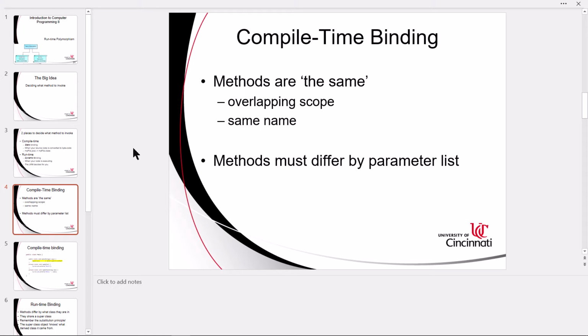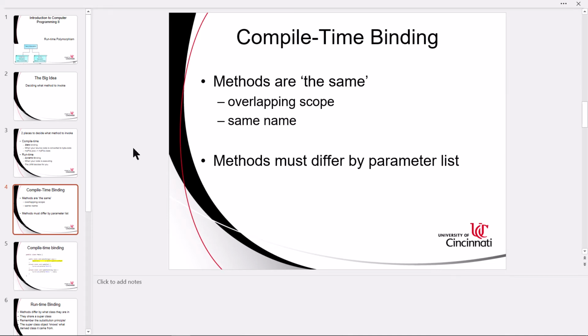They have overlapping scope. They may have exactly the same scope, or they may have scopes that intersect. But they differ based on the parameter list. We're differentiating one method from another when they're in the same scope by the parameter list, not the name. And you've done this before, you probably just didn't realize it.